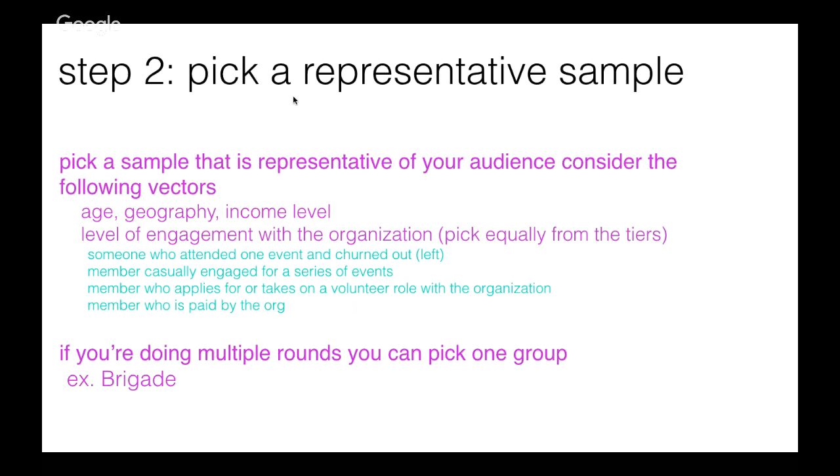So the conclusions that I'm looking for are most concentrated in the people who are most engaged. So often I'll start with them if I'm doing multiple rounds. If I'm only doing one round, I'll pick a few people from each group.